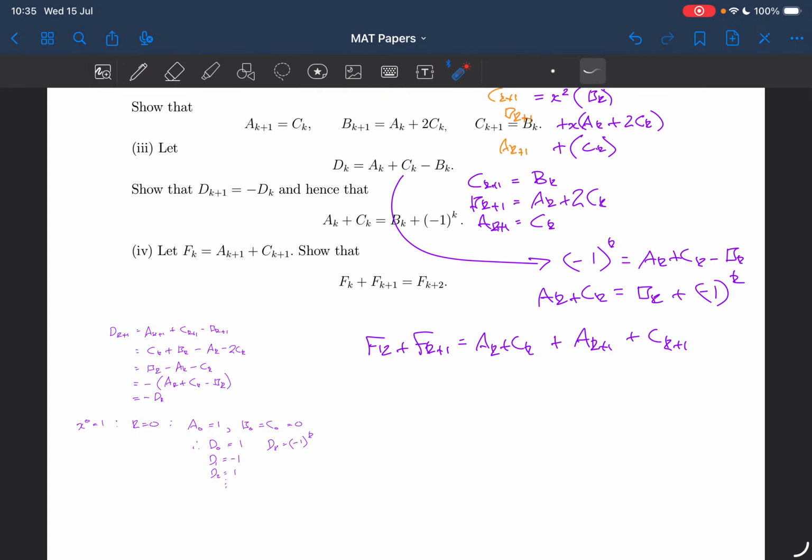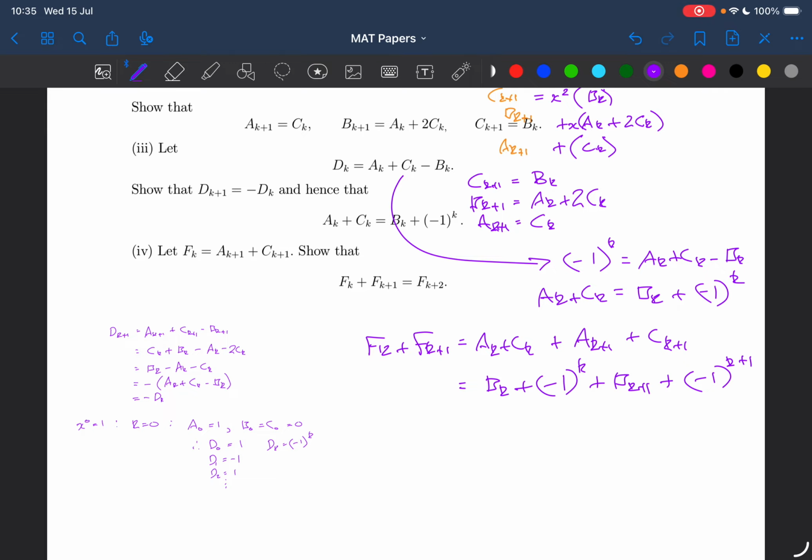Do we have any expressions for these? Well, yeah, look at this. We can just replace what we know in both cases with lots of b's. So doing that, this thing is going to be bk plus minus 1 to the k, and this thing is going to be bk plus 1 plus minus 1 to the k plus 1.